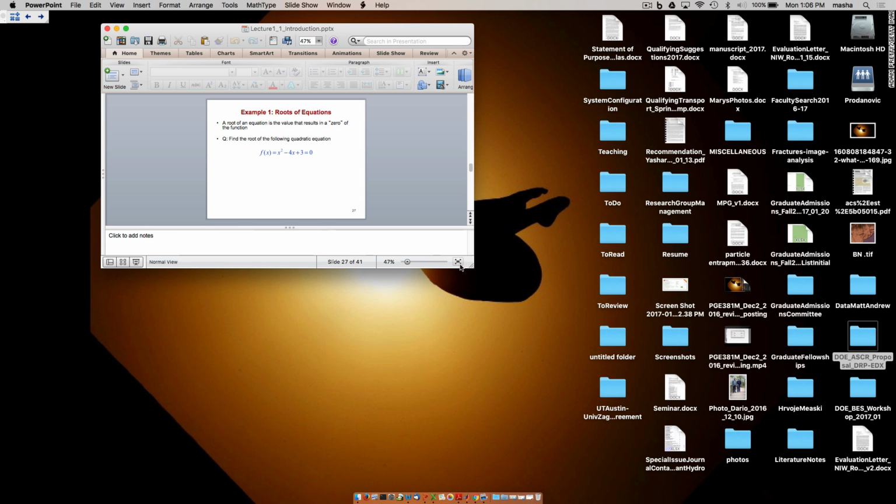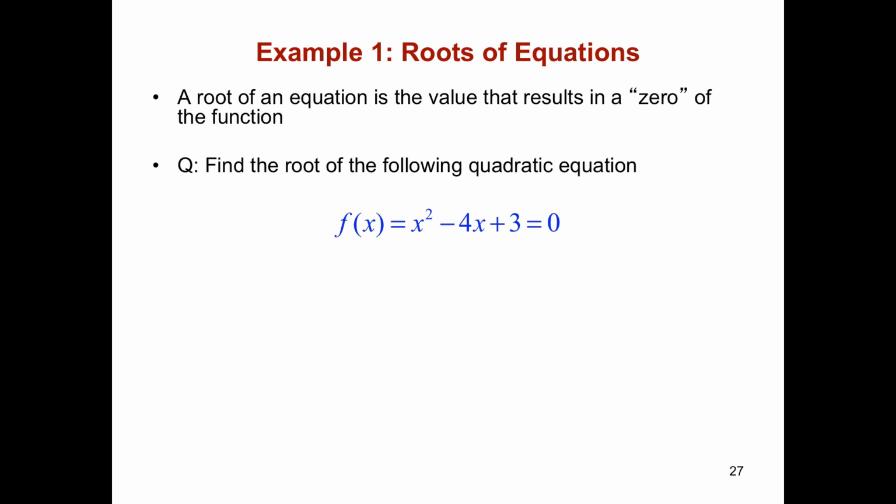So let's get going with some examples. The first example is something we are not going to use MATLAB for, but it introduces finding roots of an equation, which you've done before. Everybody knows the quadratic equation.